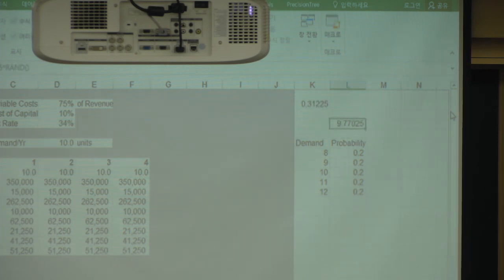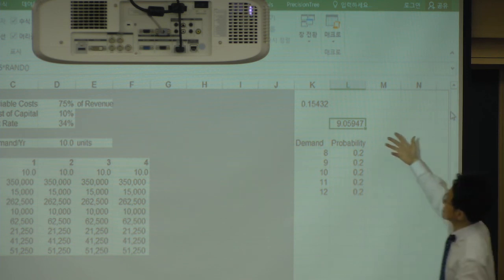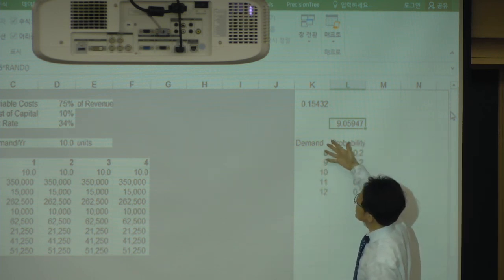So this time the demand is 9.77, and now we have 10.82, 11.16, and so on and so forth. It can never go over 13. It can never go below 8. But the problem is that these are real numbers, but we want to have integers.